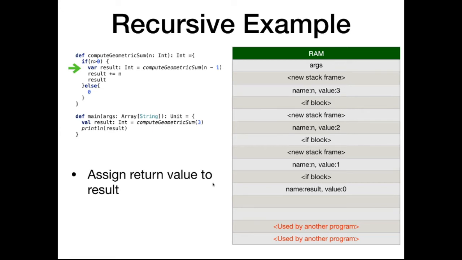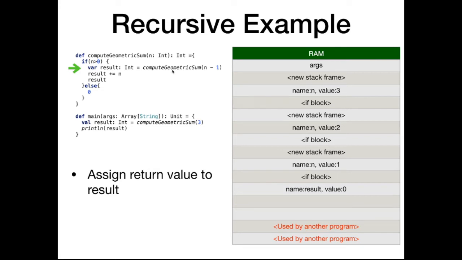So what we were waiting for was this expression to resolve, this method call to resolve. Now that that's finally resolved, when we go back to this stack frame, we can pick up execution there, get our value of 0, create the variable result of type int, and assign it that value of 0.